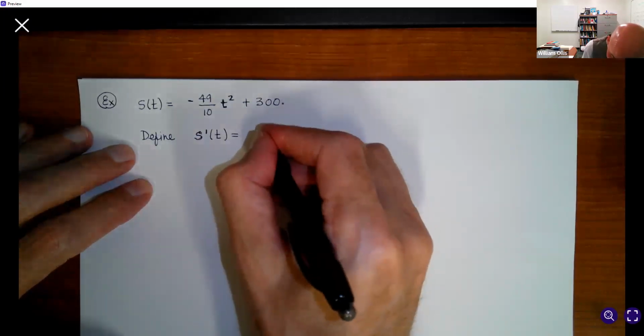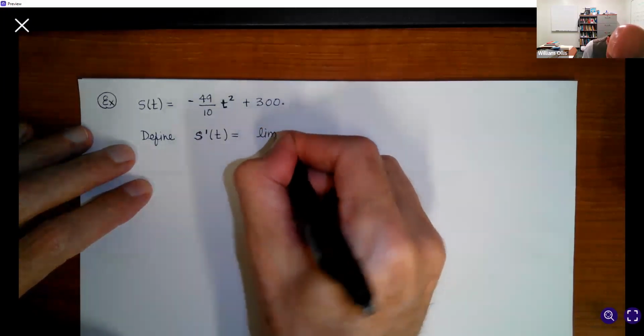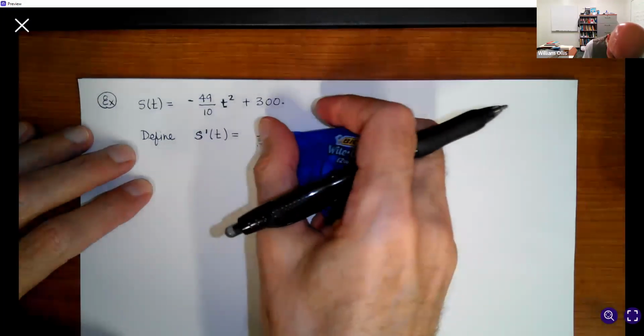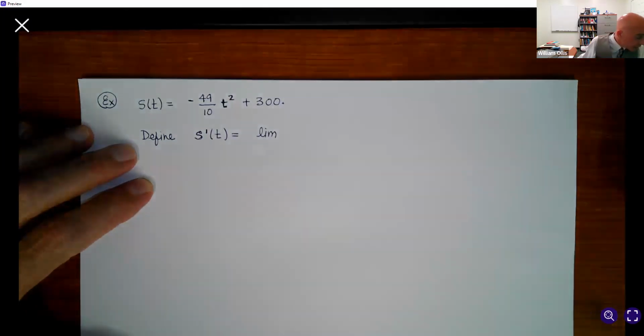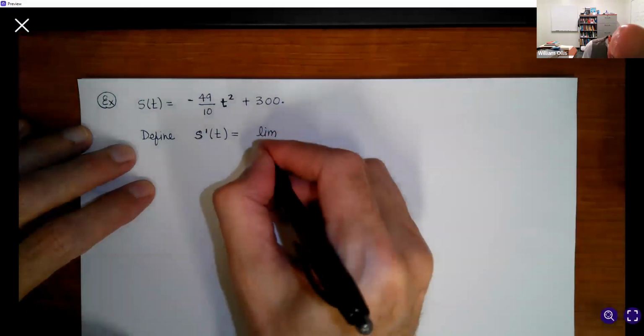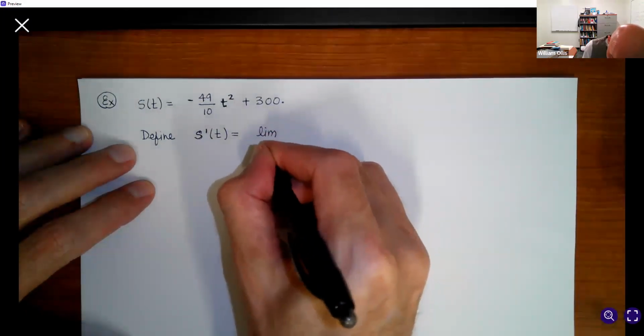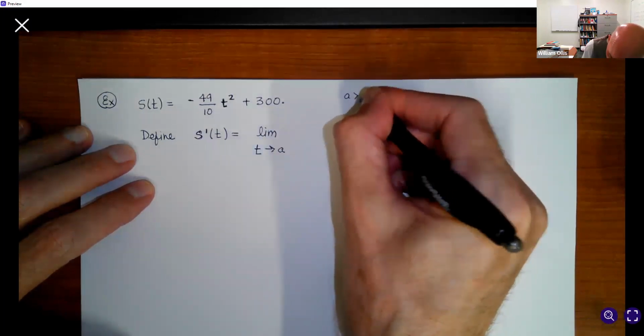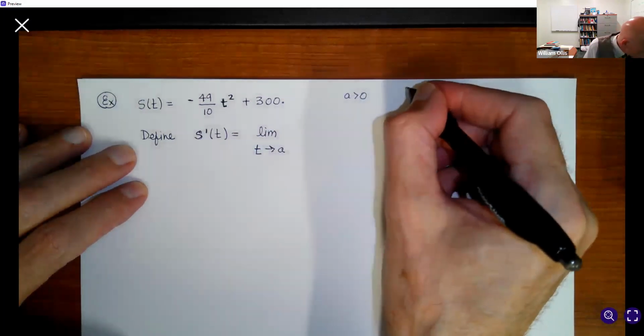We're going to say that this is the limit as t approaches a, where a is a positive number, like a time.